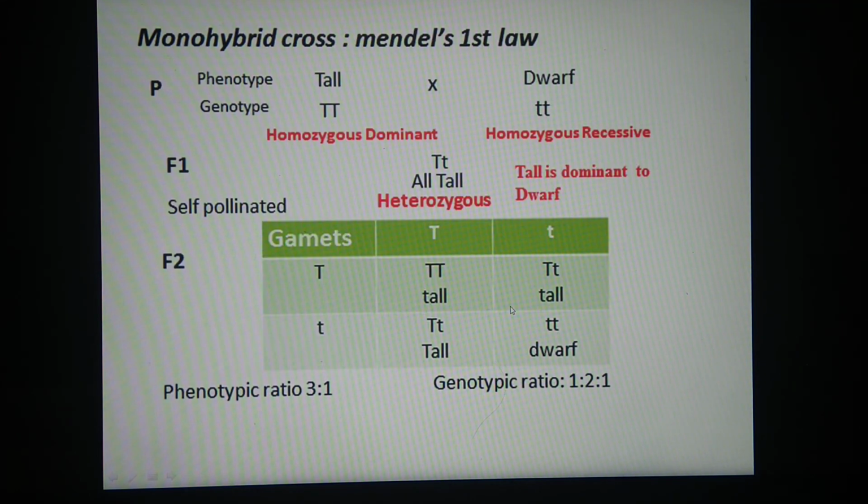We have seen in case of monohybrid cross also. In case of monohybrid cross, when tall plant is crossed with dwarf plant, in F1 generation we got only tall plants. So tallness is dominant over dwarfness, and we can say that dwarfness is a recessive character which cannot express itself in F1 generation.